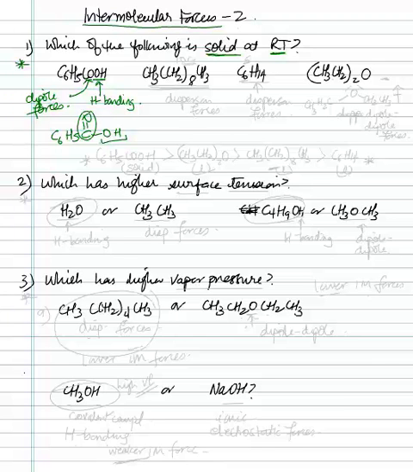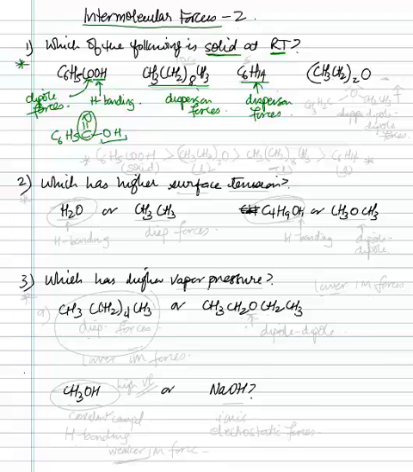Then here we have CH3, CH2, 8, which means there are 8 of the CH2s and CH3. There is no electronegative element in this, so I would go for dispersion forces for this one. C6H4, again all carbon and hydrogen, so again I have only dispersion forces in this one.